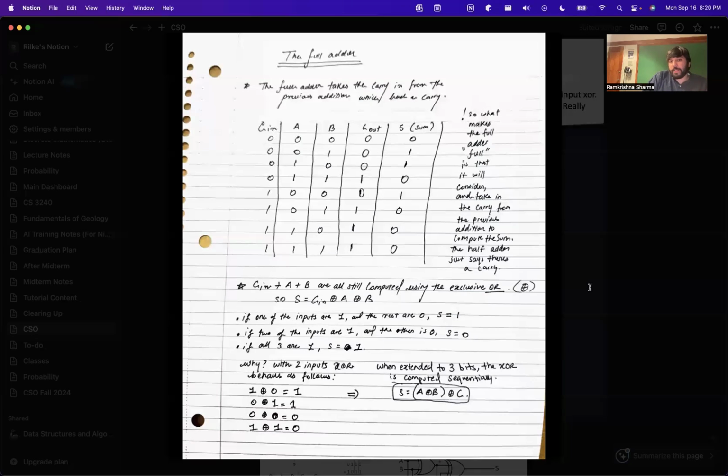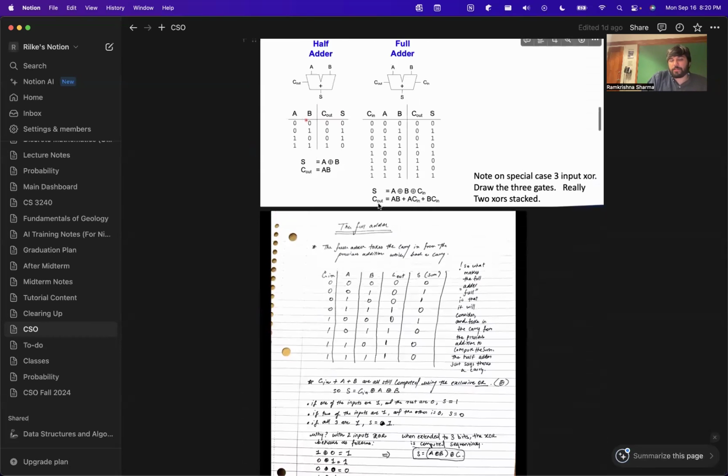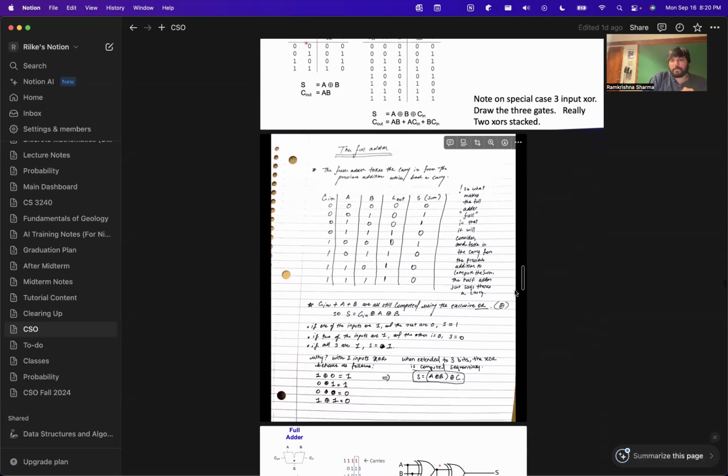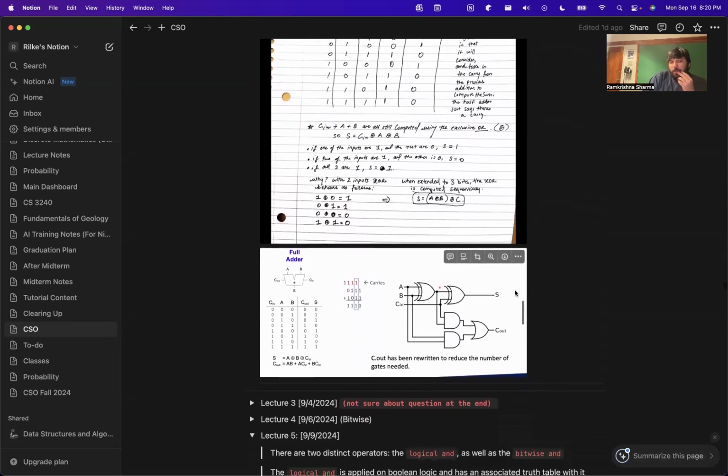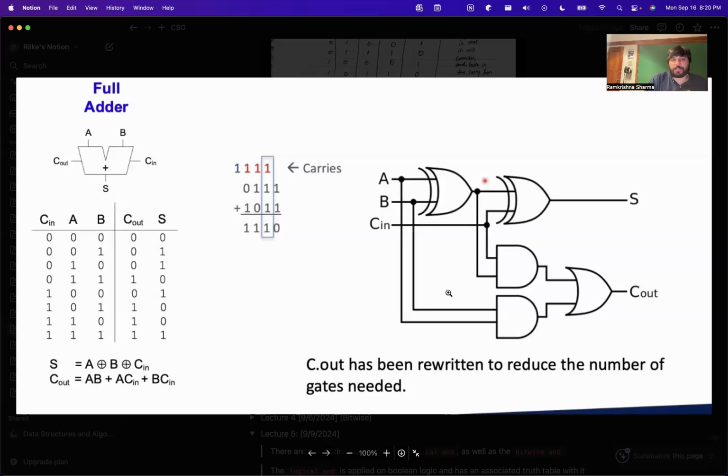Right. So that's the exclusive OR, and then we kind of just take for granted that the C out is whatever this happens to be, which is not entirely too straight to the point. There's a much deeper explanation for that.